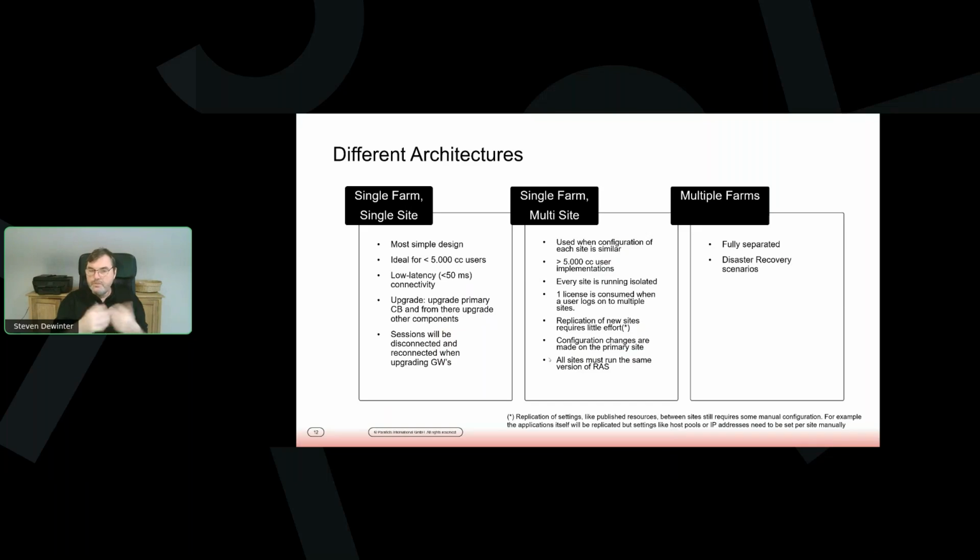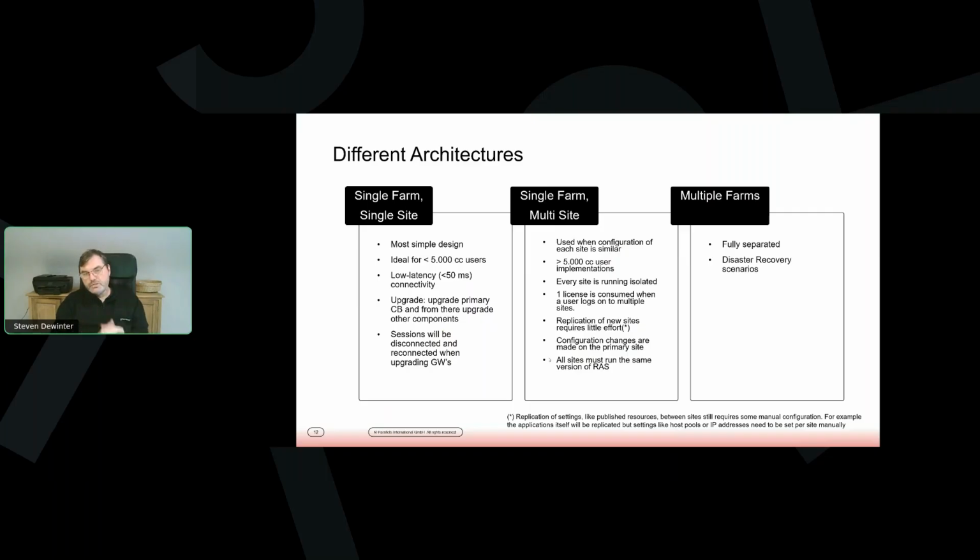If you publish an application, it will also be published in your secondary site, but you still need to link it to the host pool in your secondary site, because host pools are concepts which are isolated in a site. So you cannot link from one site to a host pool in another site. That is not possible.